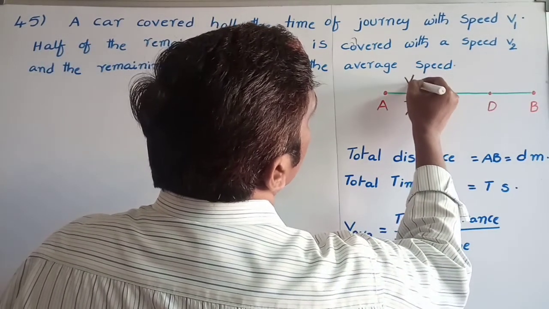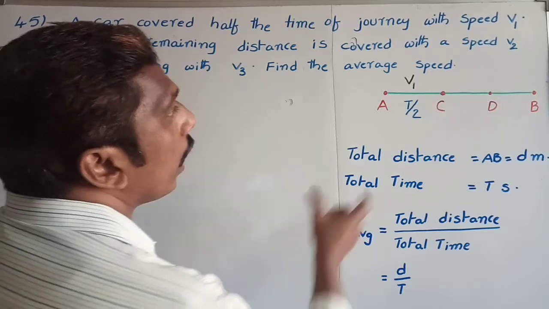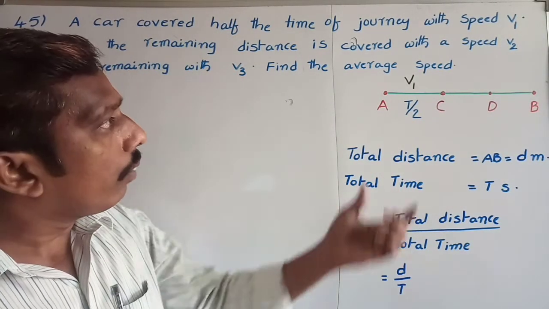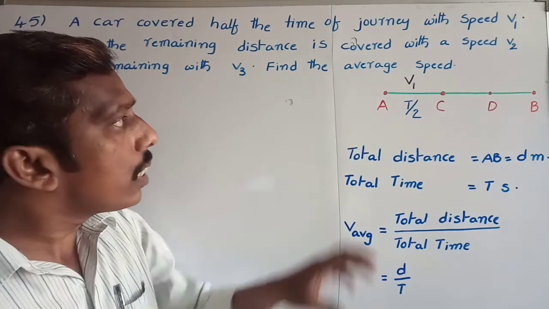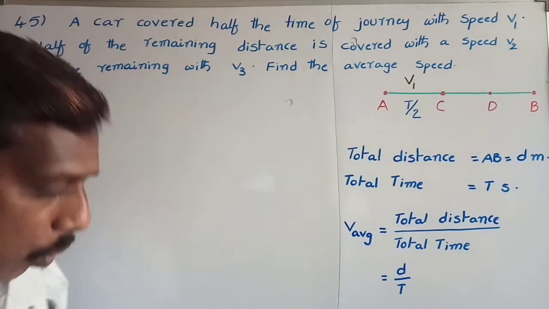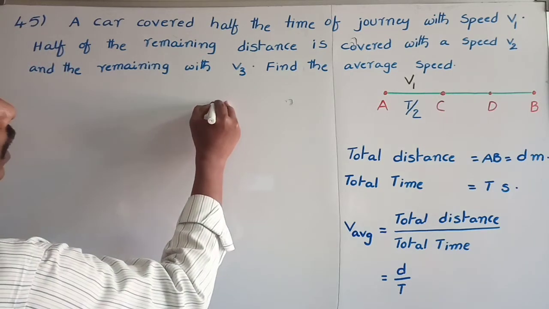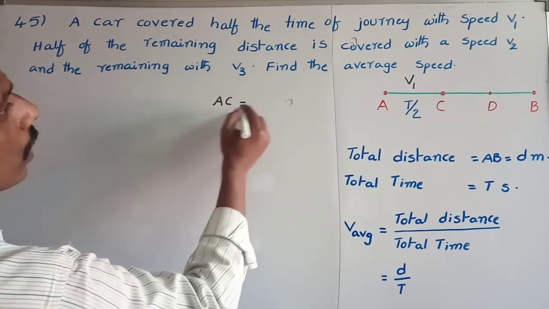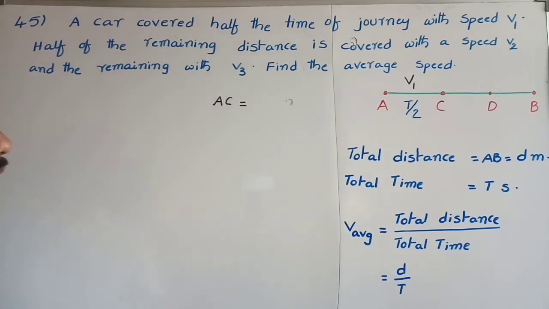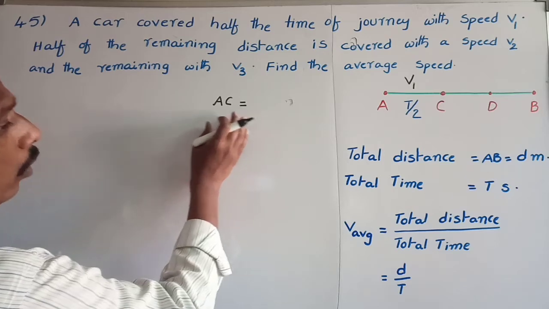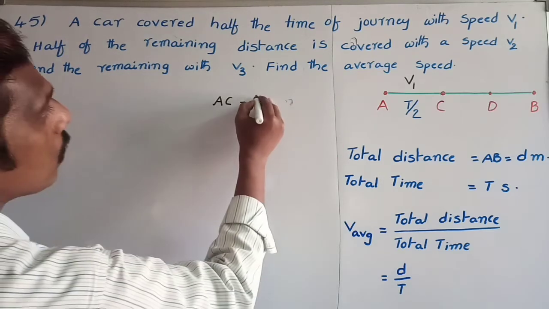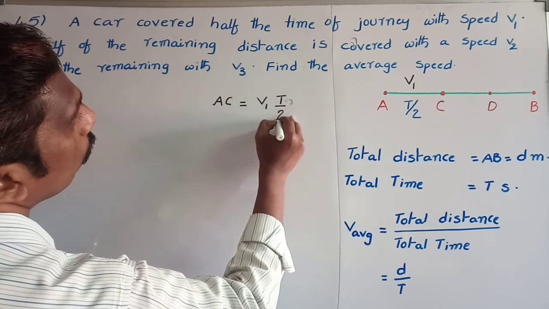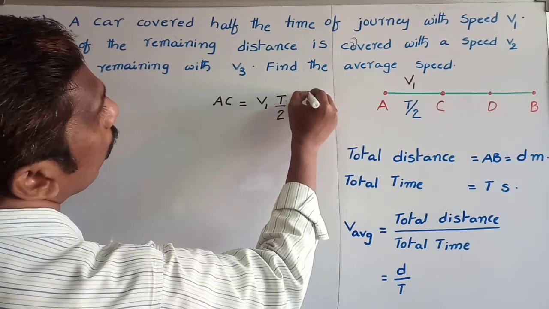It covers a certain distance, which I am taking as AC. AC is equal to speed into time. Here speed is v1 and time is t by 2, which is equal to t v1 by 2.